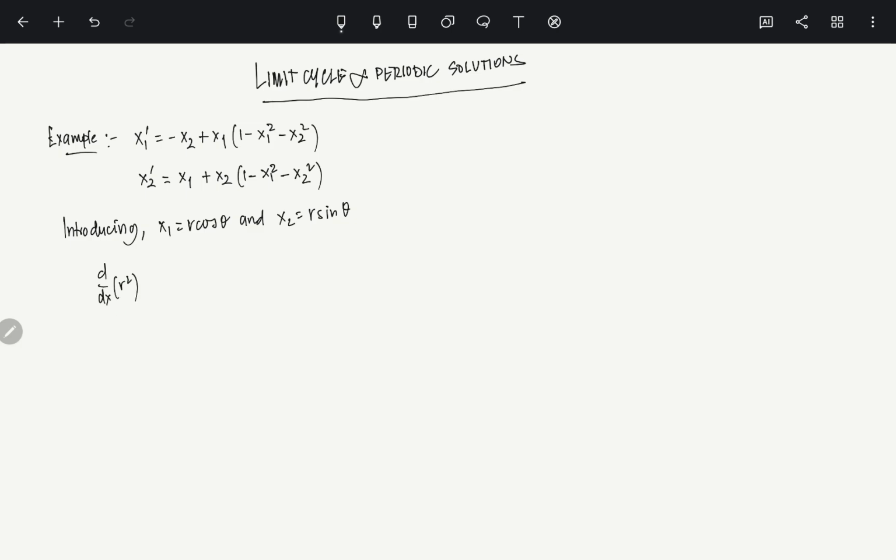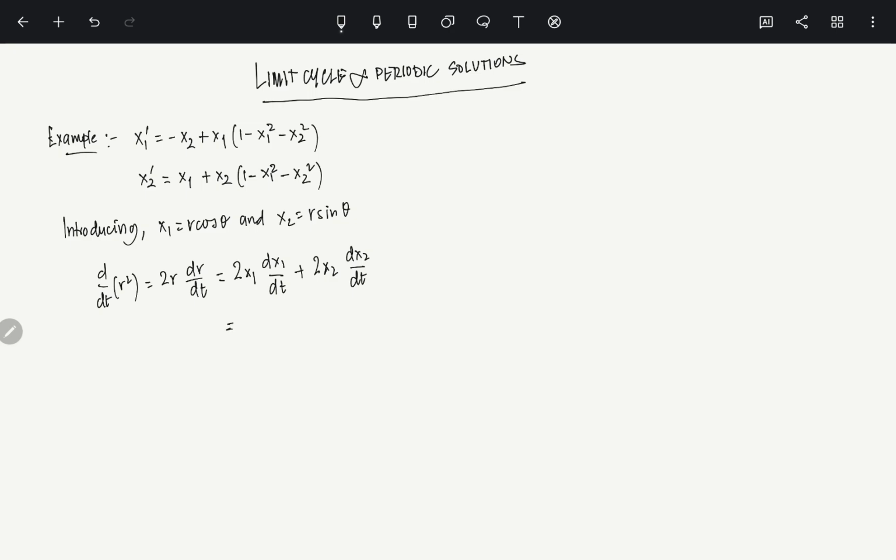This is nothing but 2r dr/dt, which I can write as 2x1 dx1/dt plus 2x2 dx2/dt. I write it with t, otherwise you may get confused between x1 and x. This is what you are going to get.